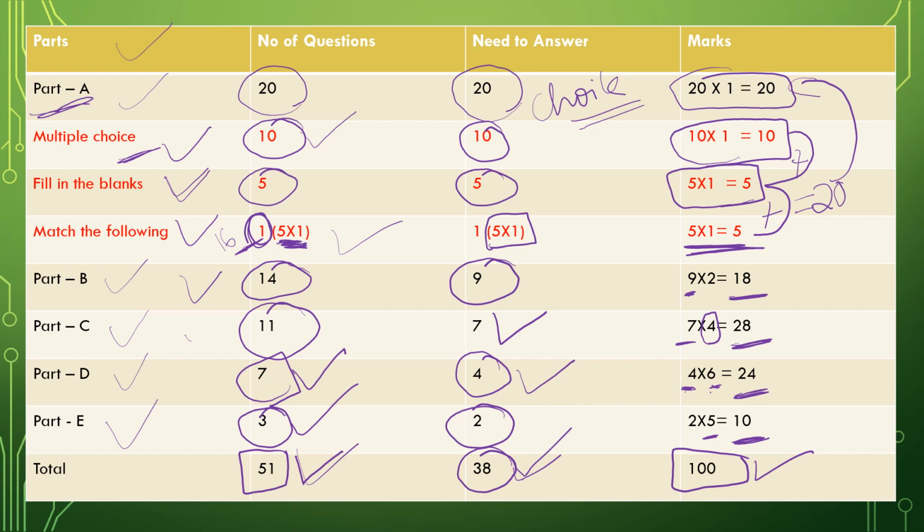Refer to more and more question papers, model question papers, because this is the right time to prepare from an examination point of view. Till now you have learned for knowledge purpose, but now you have to refer to the question papers.